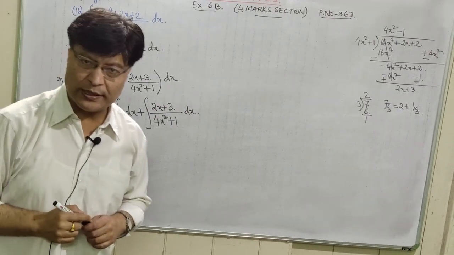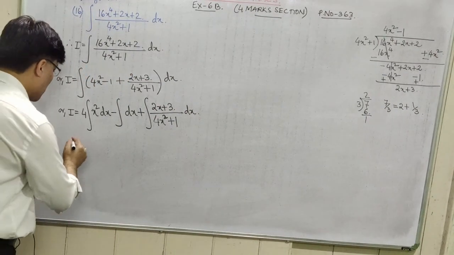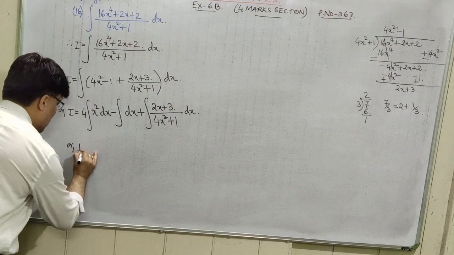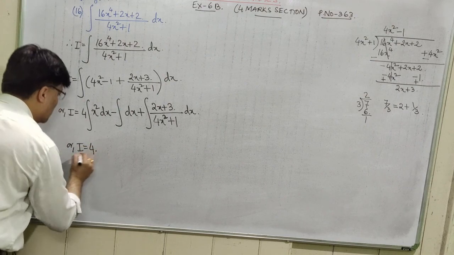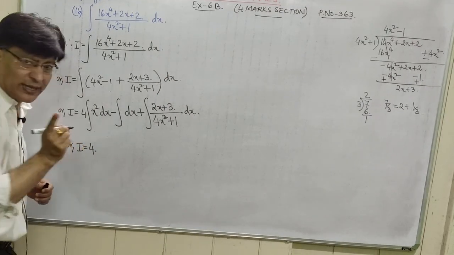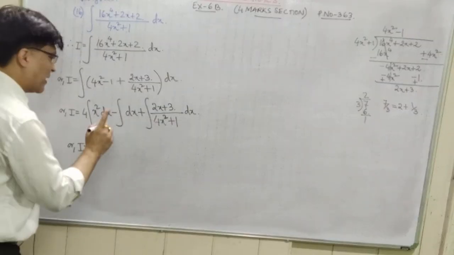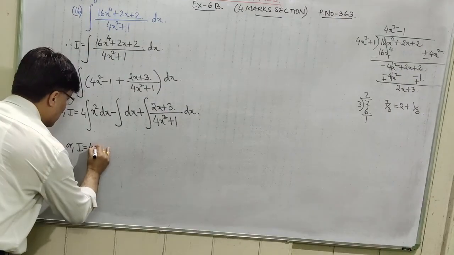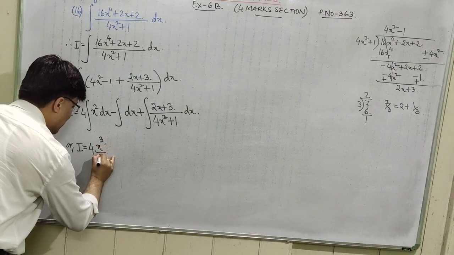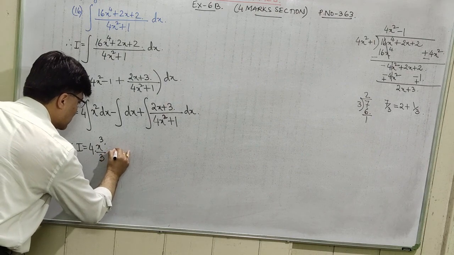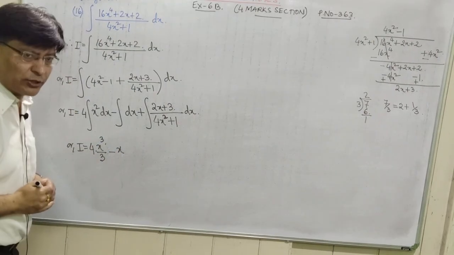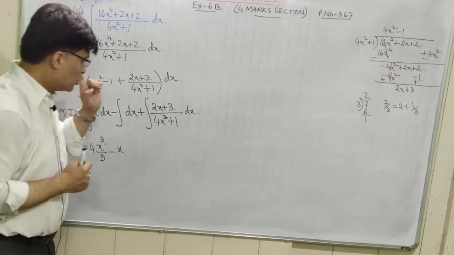So I think you have understood it. Okay, so I is equal to 4 into, what is the integration of x square? You know that integration of x to the power n dx, isn't it? So it is x cubed by 3, minus, what is the integral of dx? That is your x.